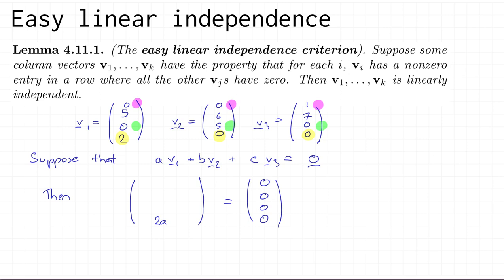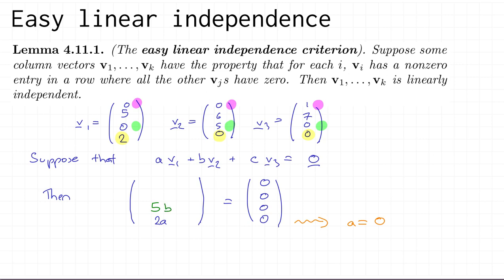Before we do anything else, let's think what this bottom entry is going to tell us. The bottom entry is going to tell us that a is equal to 0, because 2 times a was equal to 0. Next, let's look at the third entry. Looking at the third entry of this linear combination, I got a times 0 plus b times 5 plus c times 0. So I'll just get 5 times b.